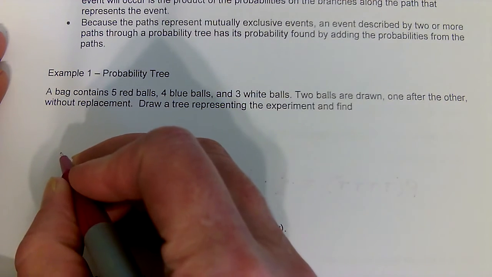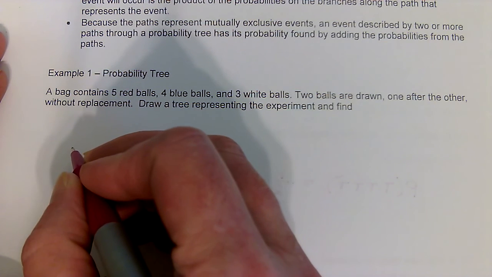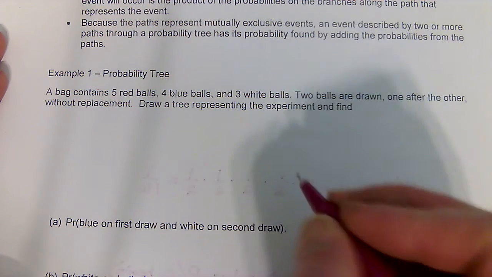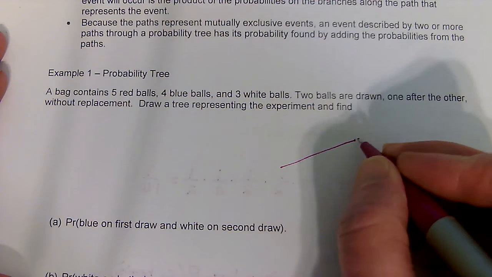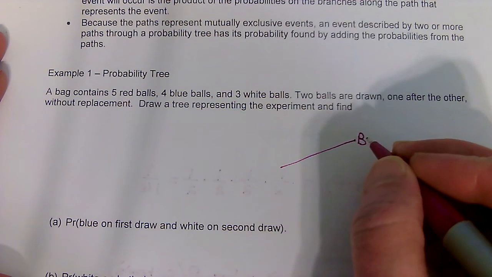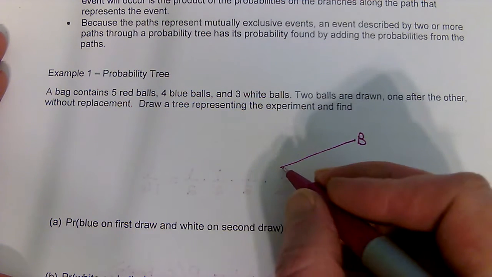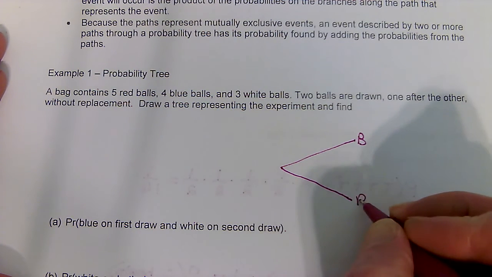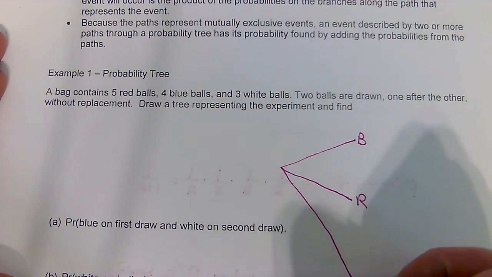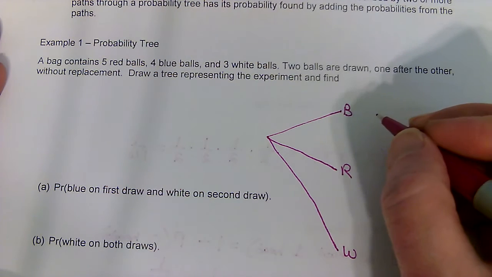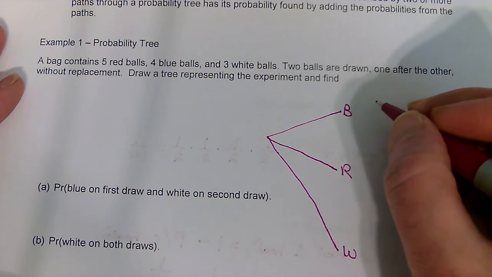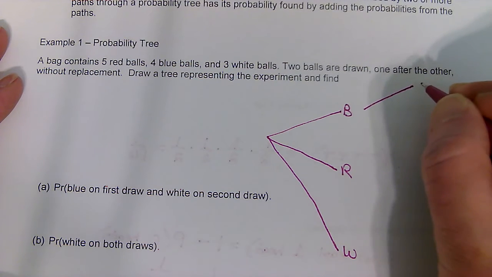So on the first draw we get 3 options, right? And I wish I'd given myself more room. Maybe I can do it over here and have a little bit more room. So red, whoops. Well, since I put a B there, that's going to be blue, red, or white. I can't believe I did that. So after I draw one ball, I'll still have the chance to get the 3 different colors.